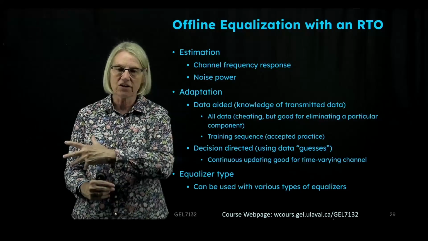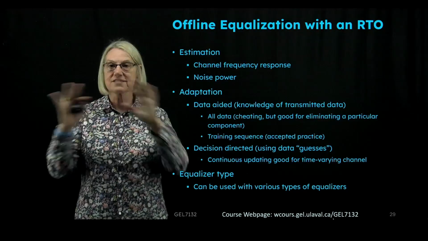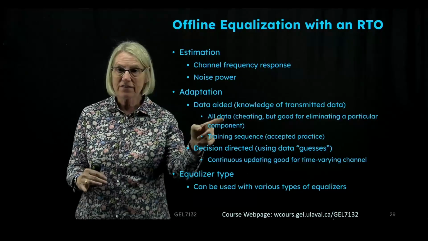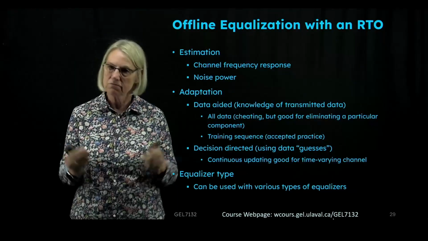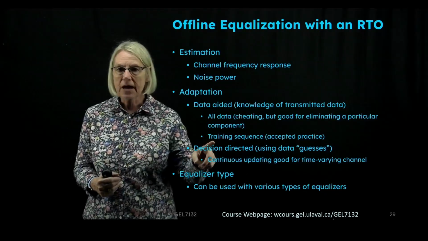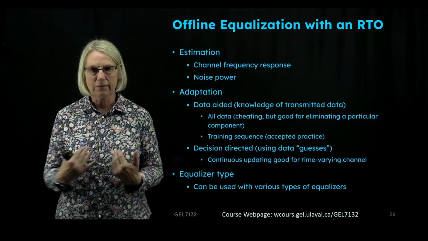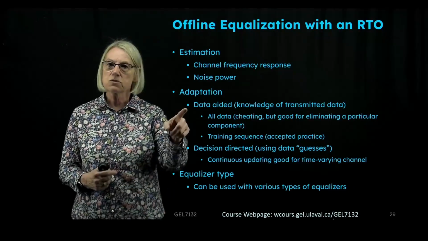You want to test something entirely different. So you might use all your knowledge possible, all the side information you have, all the data, to just try and correct that component you have to live with. So there are times when using all the data available makes sense. Another time you might just want to use a training sequence. You might want to create something that's more like a deployed system. So those are both data aided.